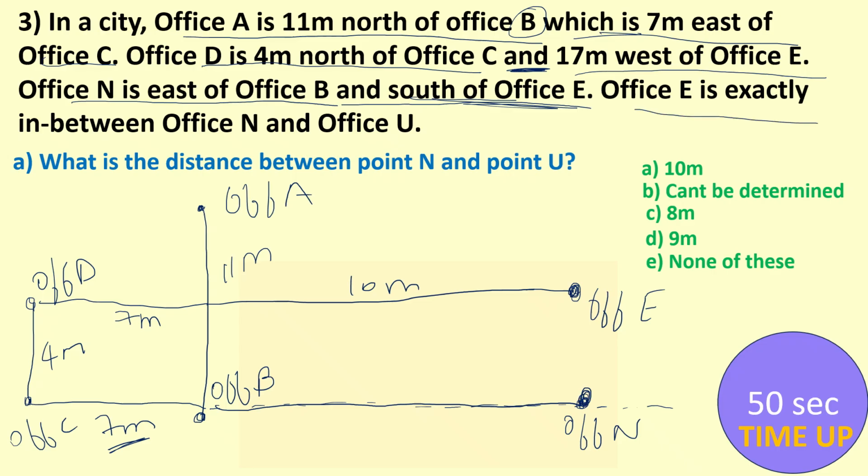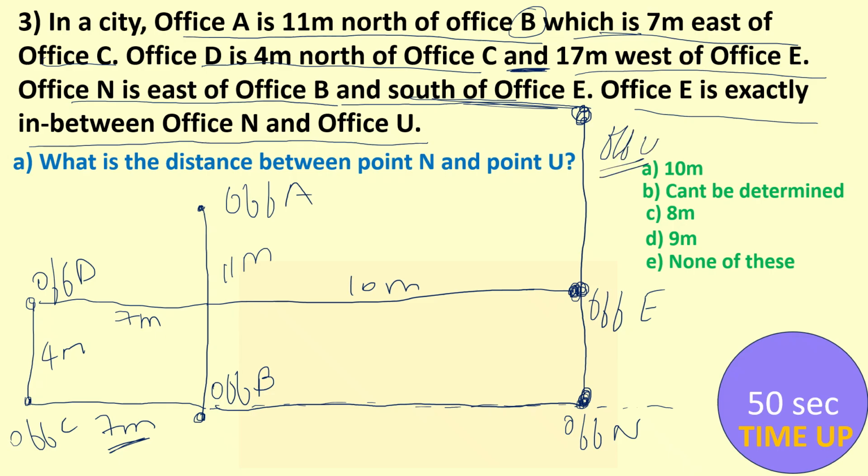Office E is exactly in between office N and office U. If E should be in between N and U, then U distance also they have not mentioned. U is at what distance from office N? So U can be anywhere.